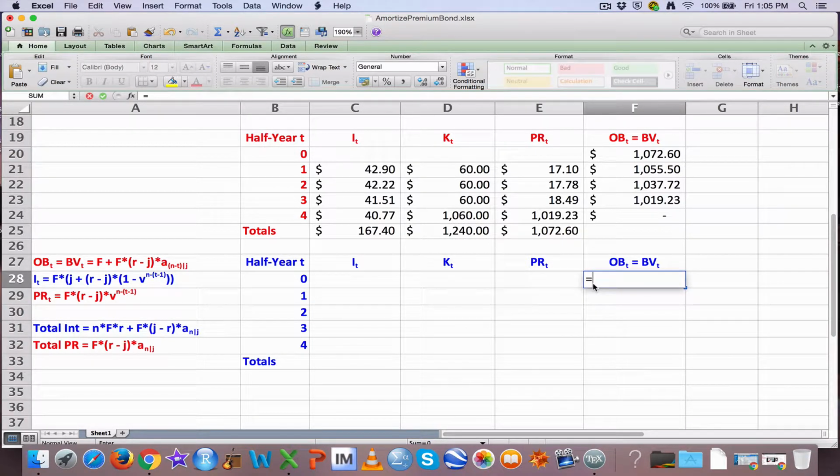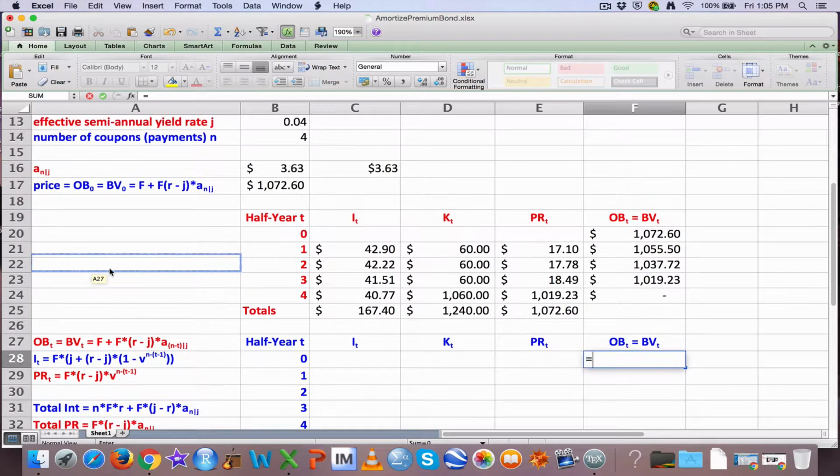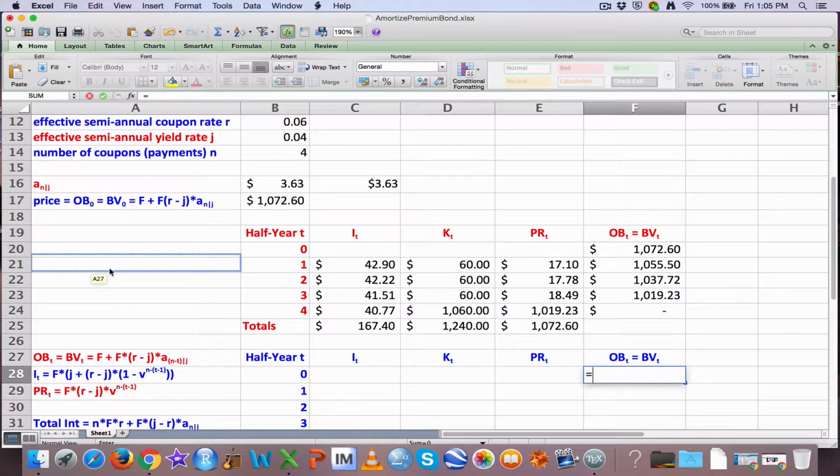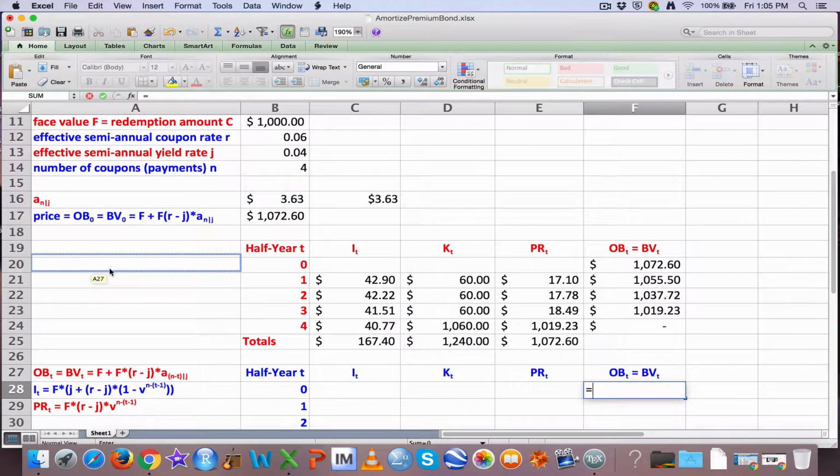So here, OB0, I will use this with t equal to 0. Let's see what would be the most efficient way to do this. F is in cell B11, and I want this to be a fixed reference because I want to consistently use this formula. So B11 plus B11 times R minus J. R is in B12.